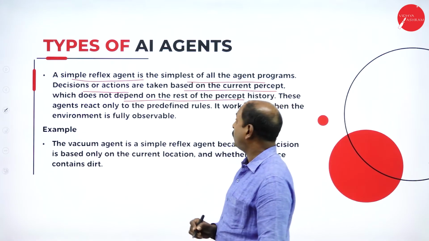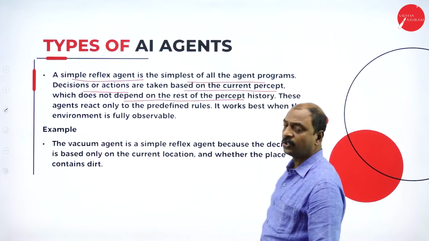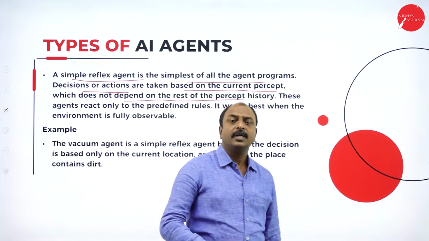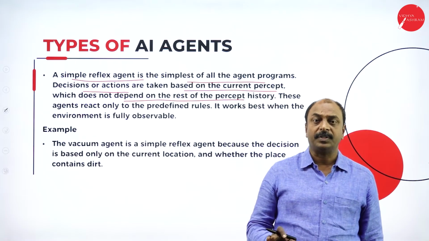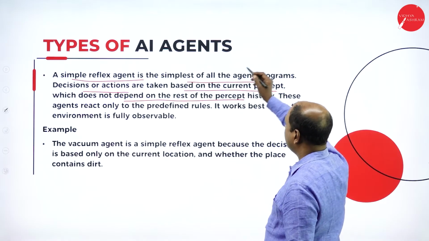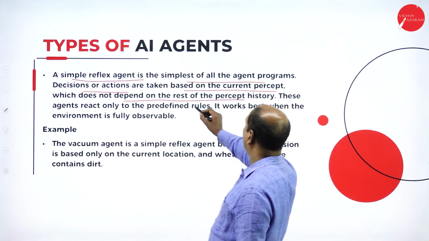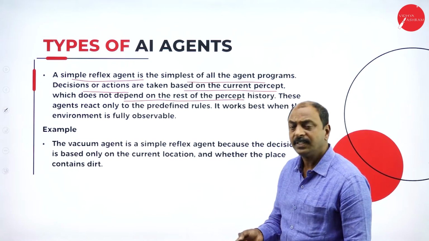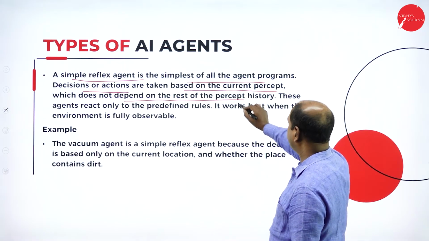What is the meaning of the current percept? This type of agent is going to act upon the current data available with the agent. It doesn't depend on the previous history of other data.